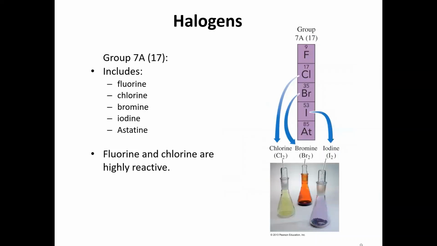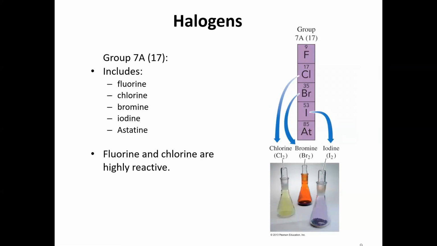If we talk about halogens, halogens on the other end are kind of opposite of the alkali metals. These are in group 7 or group 17, so 7A. These include fluorine, chlorine, bromine, iodine, okay? Those are the real 4 that we're going to be using. And fluorine and chlorine are highly reactive, with fluorine being the most reactive at the top.